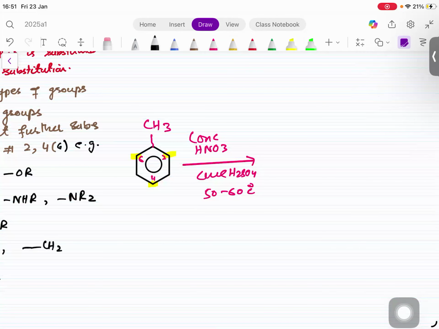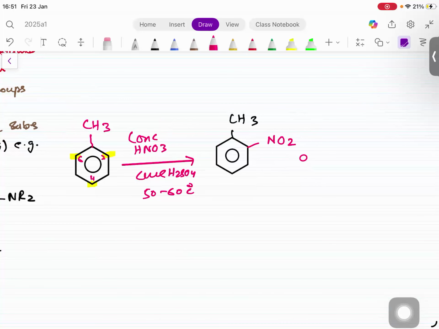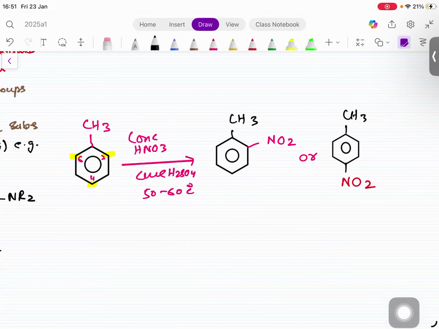If it is on this side, the numbering starts from this side. So these two are the same. Both of them are 2 nitro.